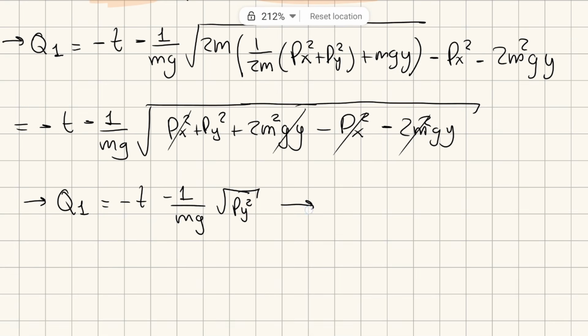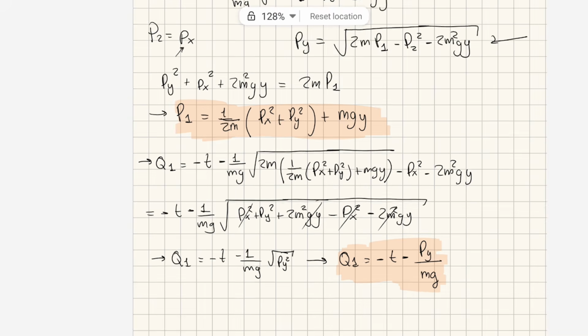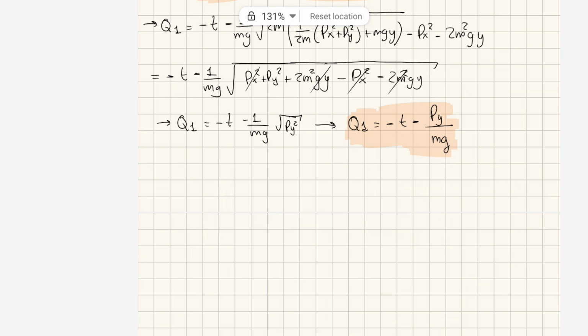We're just going to take one of the values that will be perfectly acceptable. So q1 will be minus t minus py divided by mg. Perfect. So with this, we have found q1 in terms of the little p and the variable t. And let me write in this step that p2 as a function of these little coordinates is equal to px.